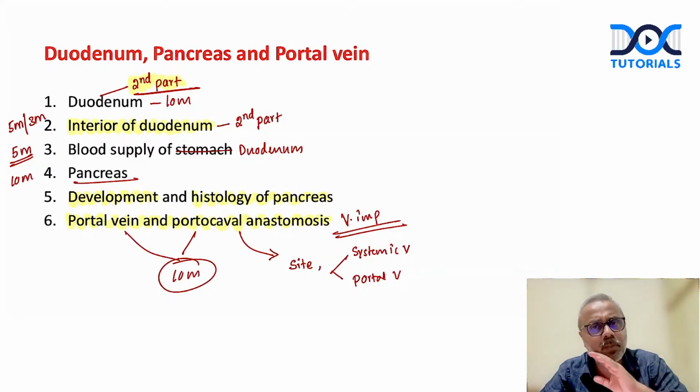This is where most of us will go wrong. And remember, this is one topic each and every examiner will be thorough with, right? So you can never bluff with them. So read about portal vein, portocaval anastomosis thoroughly. Again, this is one question that is very often repeated in this paper of abdomen and pelvis, right?